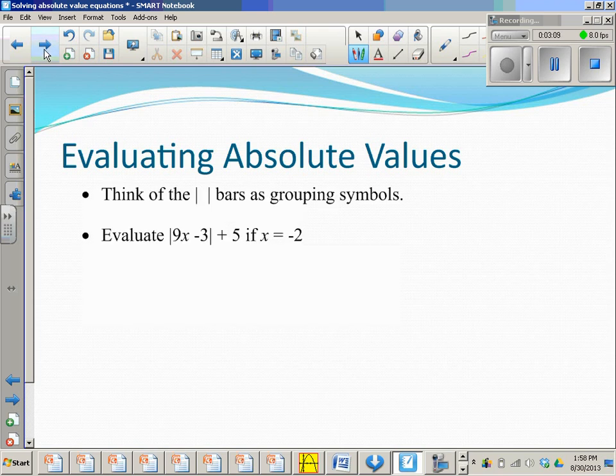Now let's look at evaluating absolute values. Think of the bars as grouping symbols. So evaluate the absolute value of 9x minus 3, plus 5, if x is negative 2. First step would be to substitute negative 2 for x.